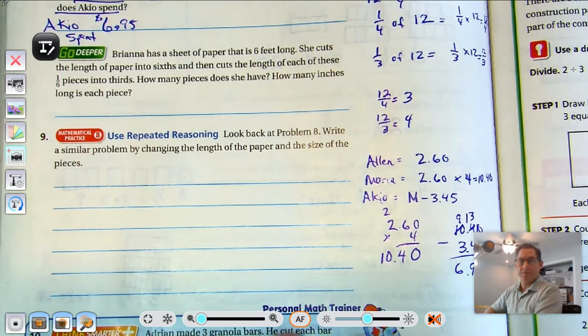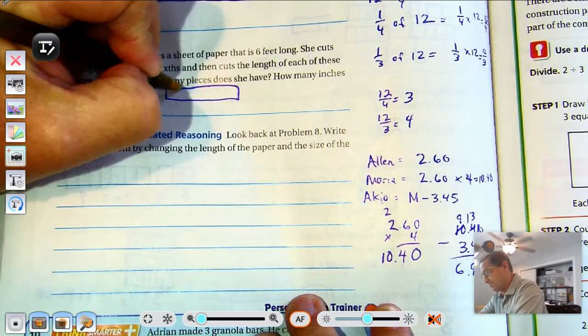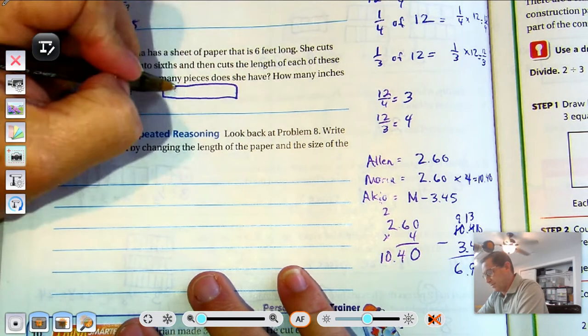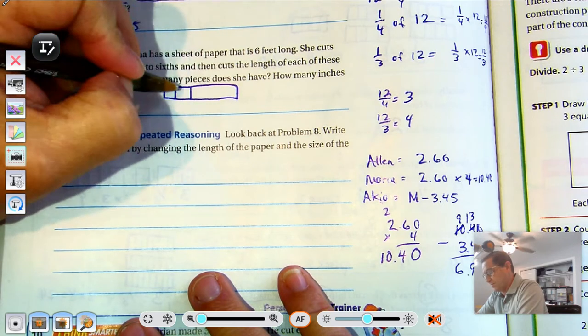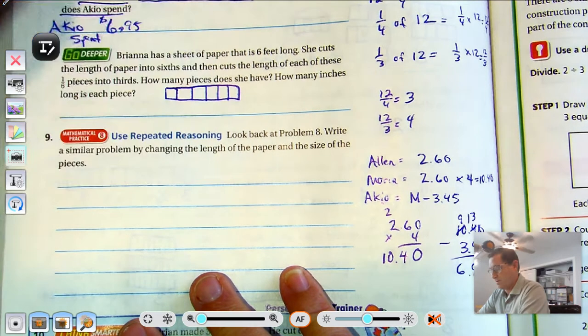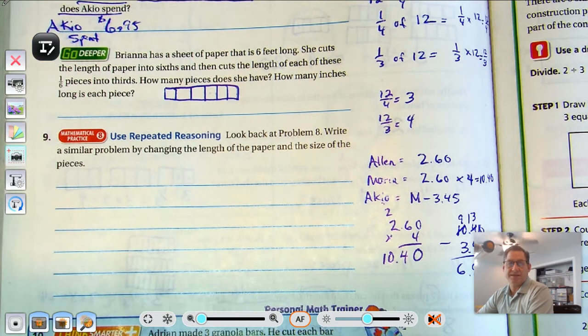Well, all right. So if we have a sheet of paper that's 6 feet long, and she cuts the length of paper into 6 equal sections, so 6 equal pieces, each of those pieces is basically a foot long at this point.